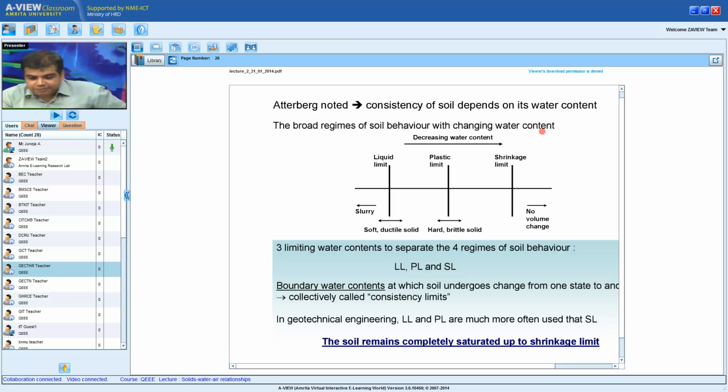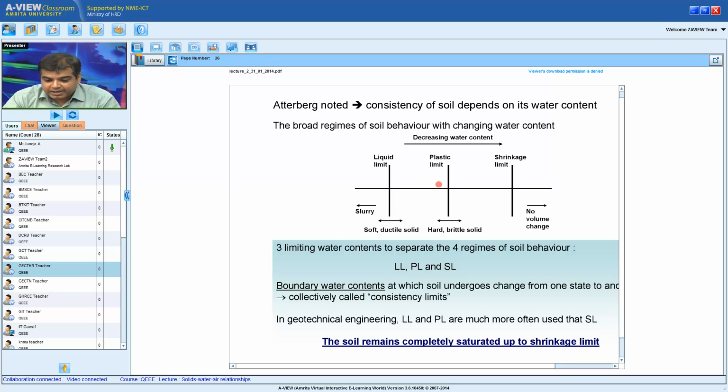Those of you who are familiar with laboratory tests, maybe you can guess. Shrinkage limit is not very popular because you need mercury to do this test, and mercury is a poisonous material. If mercury gets stuck within your fingernail, your lifespan reduces. There are a lot of dangers associated with mercury. So shrinkage limit is usually not recommended in many laboratories.